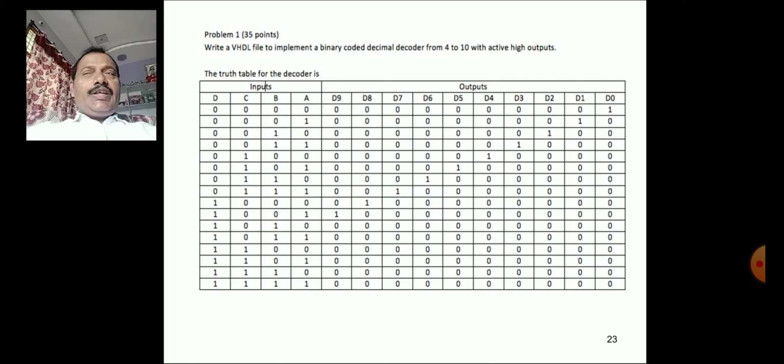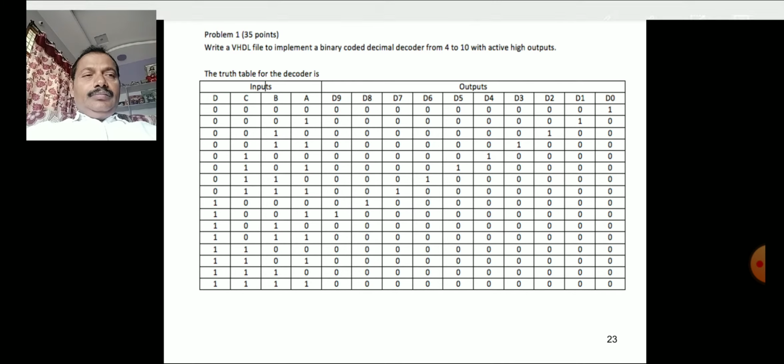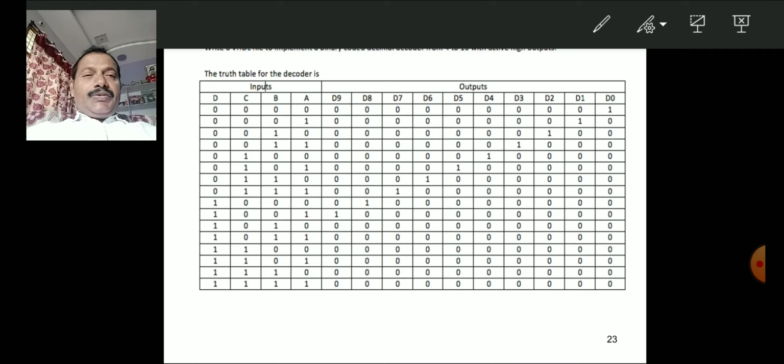Actually 4 to 16 is possible. 4 to 16 decoders are there, but our aim is to design a BCD to decimal decoder. That means 0 to 9, decimal digits only. So this is the objective. Not up to 16. 0 to 9 only. But actually this is possible from 0 to 15, that means 4 to 16 decoder.